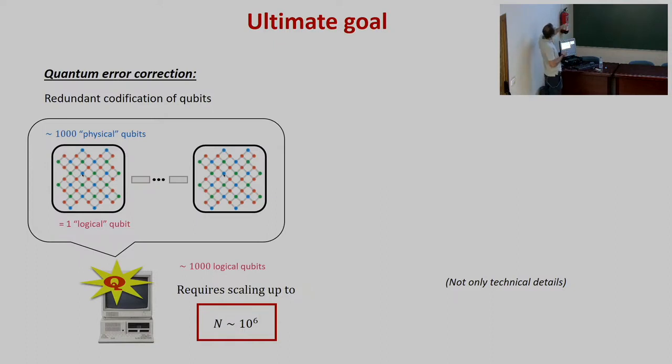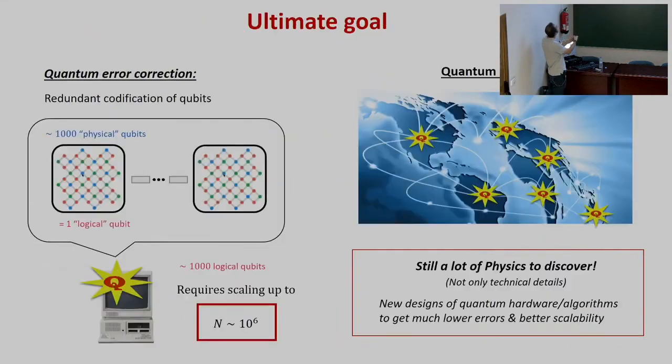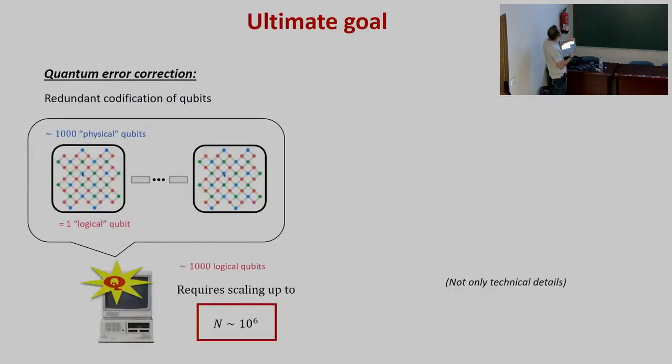This means that you use a group of qubits, let's say 1,000 physical qubits, to implement one effective qubit, called a logical qubit, and with that you can correct the errors. If there are errors and decoherence, you can correct that and have a very good qubit made of many, let's say 1,000, but you need on the order of 1,000 of these to do an actual computation.